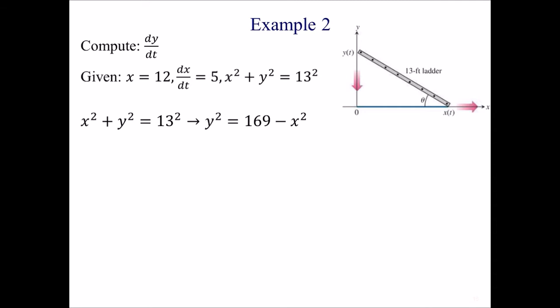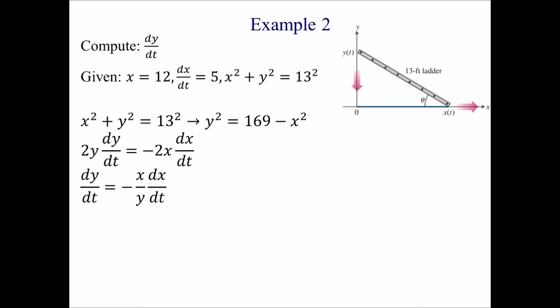As with the previous example, I'm going to rewrite this problem just a little bit to make the derivative piece not as complicated. So x squared plus y squared equals 13 squared becomes y squared equals 169 minus x squared. Now that I have solved for y squared, it's time to take derivatives. Once again, we want to use chain rule. So the derivative of y squared is 2y times dy/dt.